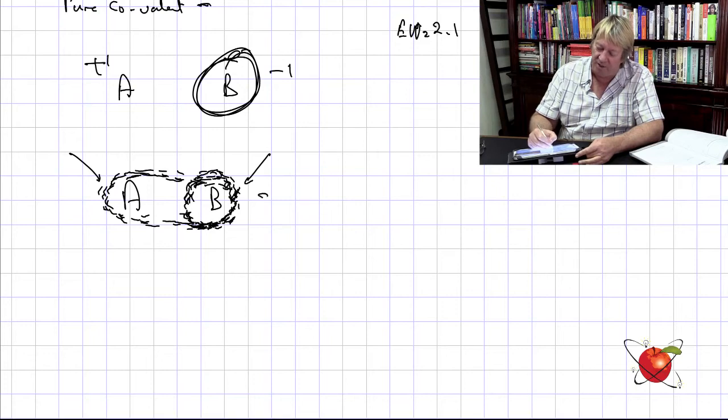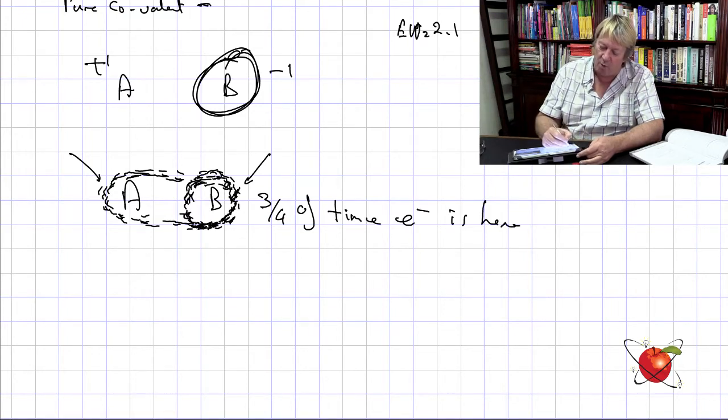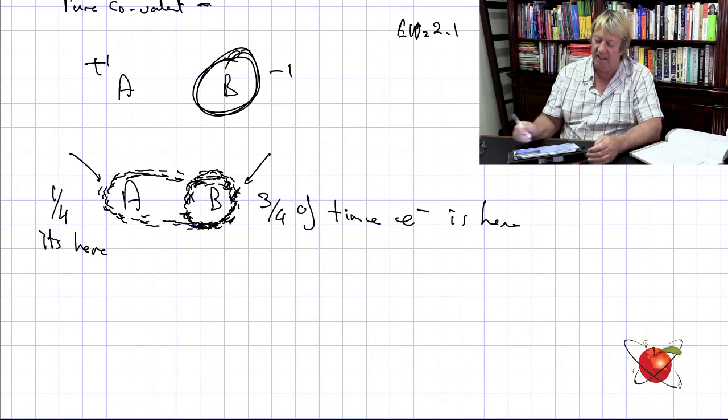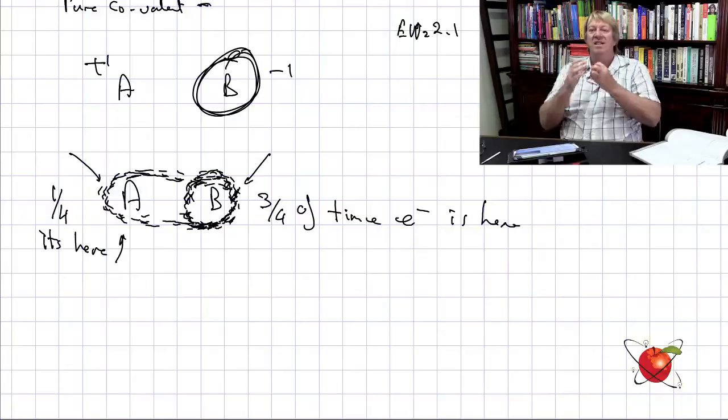I said that basically 3 times once, so 3/4 of the time the electron is on this side, and 1/4 of the time it's on that side.